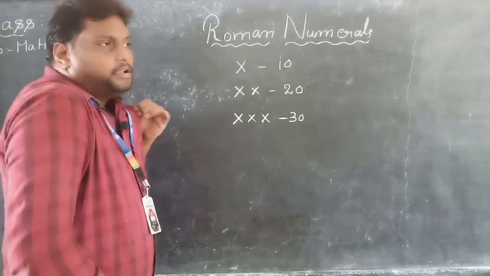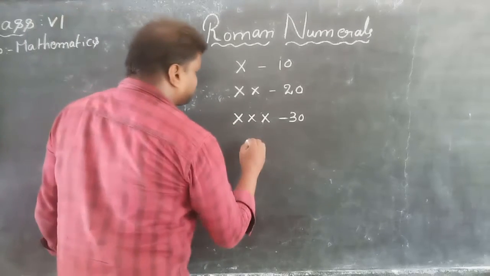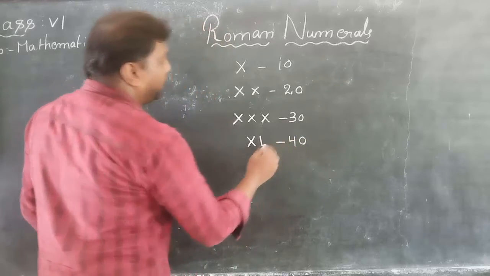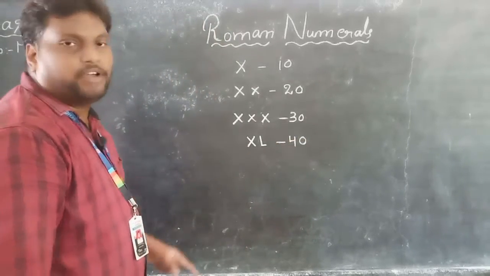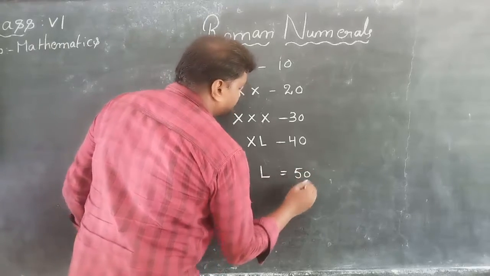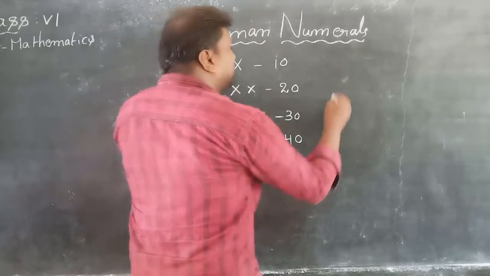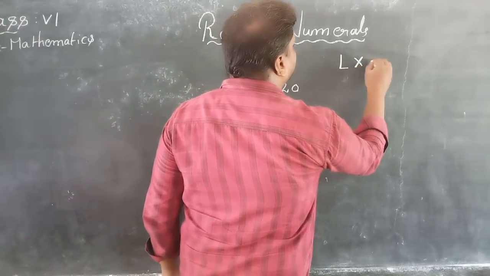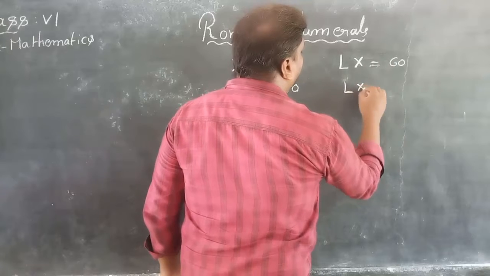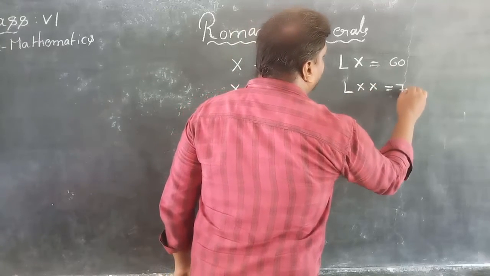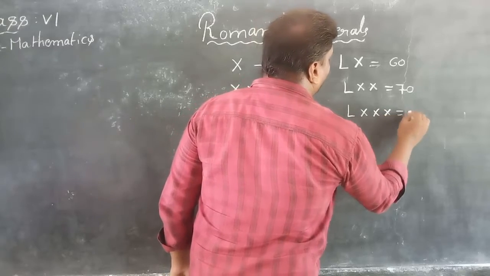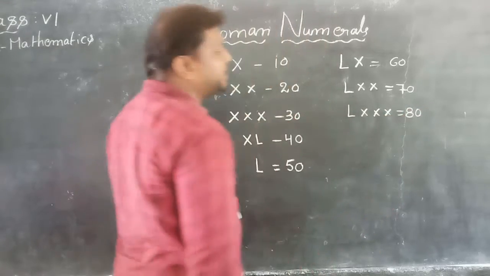Next, L. Already we know the value of L: 50. Next, 60 is LX, 70 is LXX, and 80 is LXXX. Then what about 90?